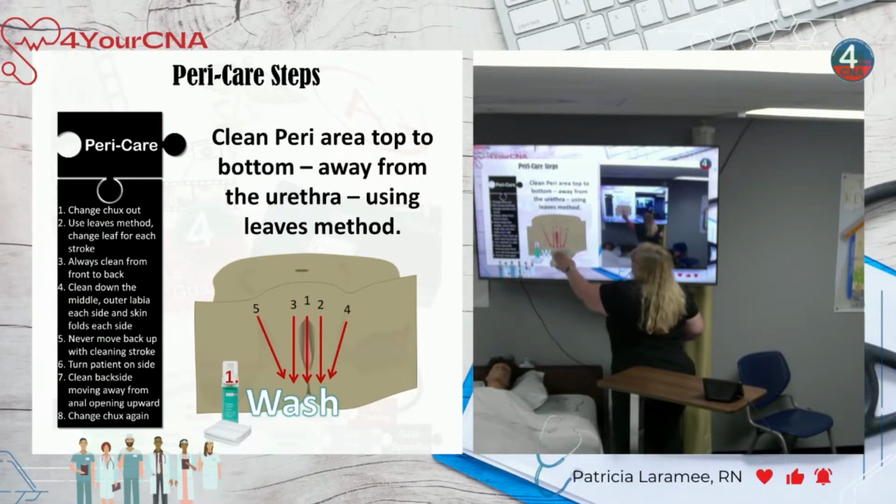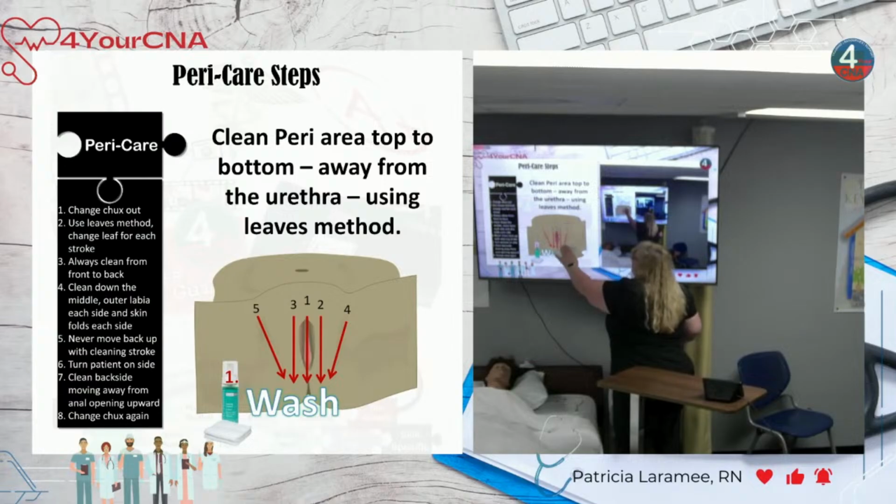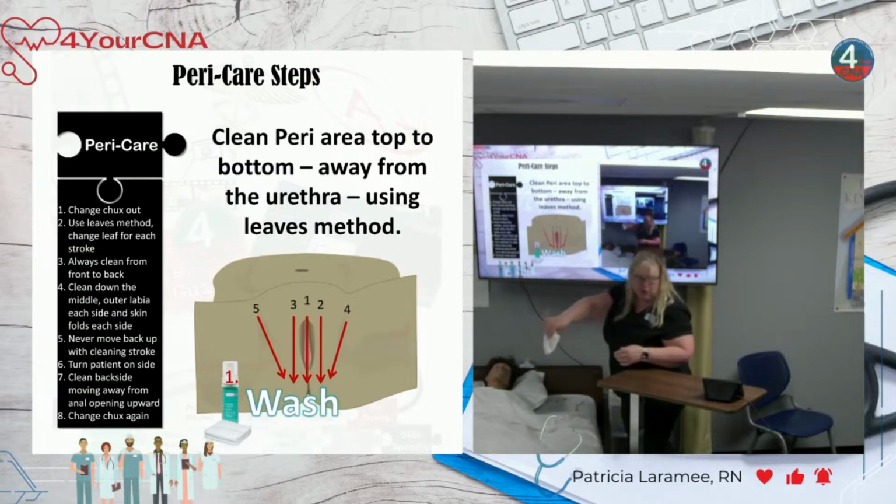Top to bottom on the other side, fold that over. Now this one's going to clean here between the leg and the groin, this little crease. We're going to go top to bottom down that crease, fold that over, and top to bottom down that crease. And then this gets put aside on our barrier. Don't put it back in the basin. Think about where it's been. So it'll be put aside on the barrier.